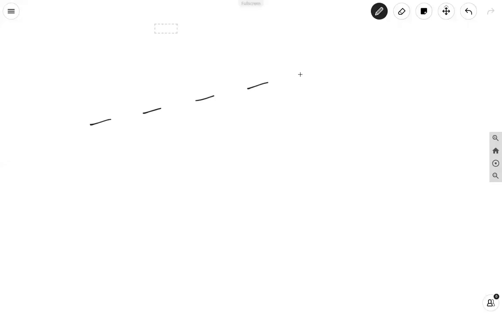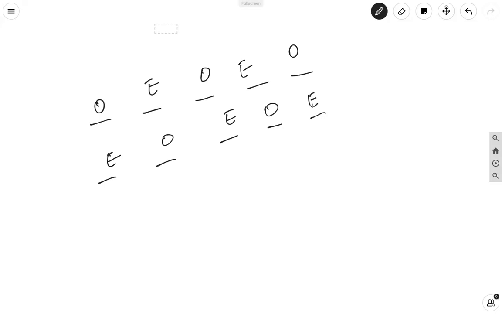There are two ways to write this: odd, even, odd, even, odd, and so on. Five consecutive odds and seven consecutive odds.